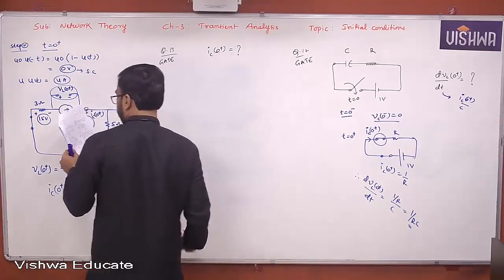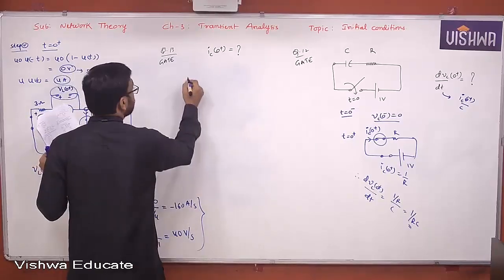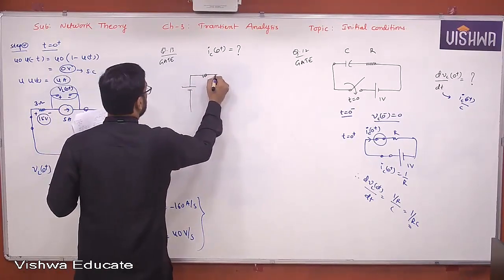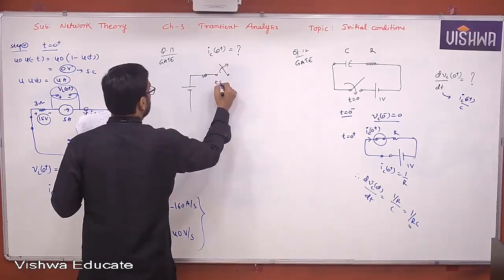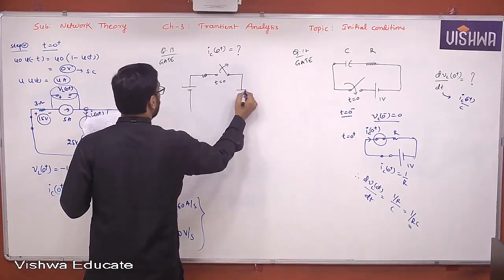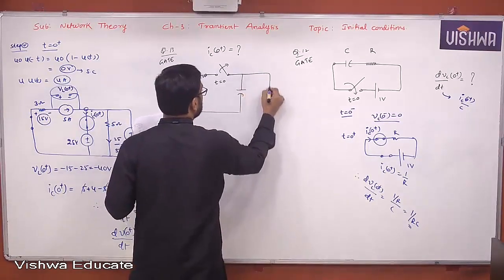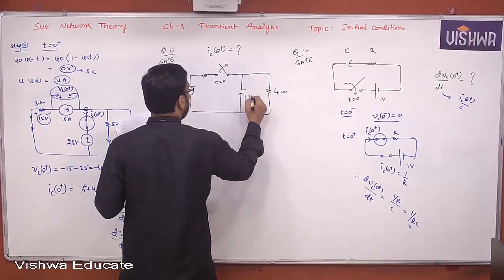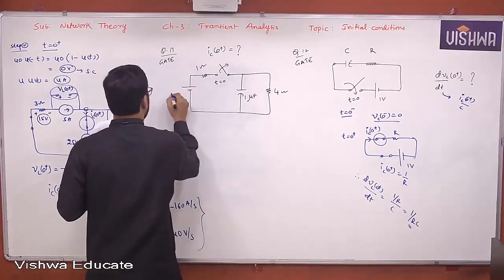Current through the 1 microfarad capacitor at t equal to 0 plus is asked. Simple network again here: 1 microfarad capacitor, 1 ohm and 5 volts given here.